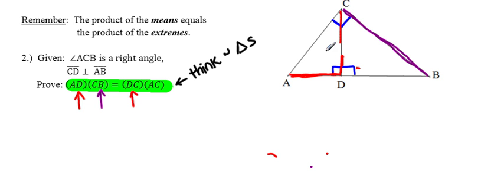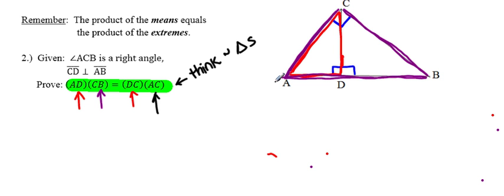And then lastly, AC is going to have to be a side in one of my triangles. So looking at my picture, I've now got this red triangle here. And if you've got highlighters, you could probably tell already that highlighters are going to be super helpful when you're proving that triangles are similar.